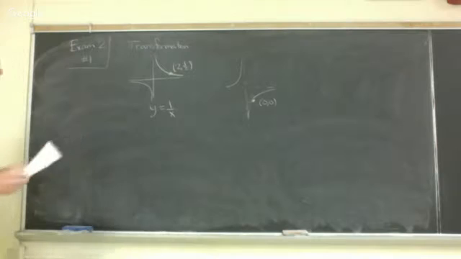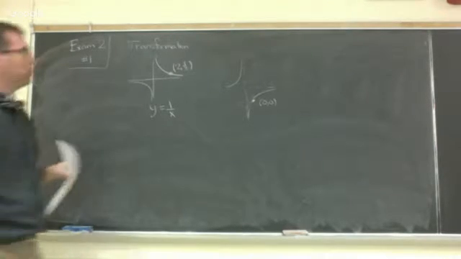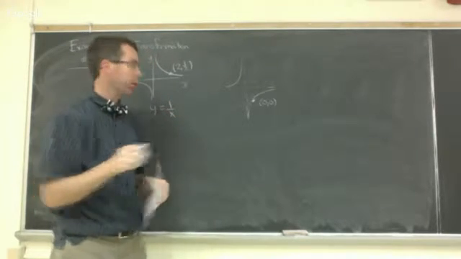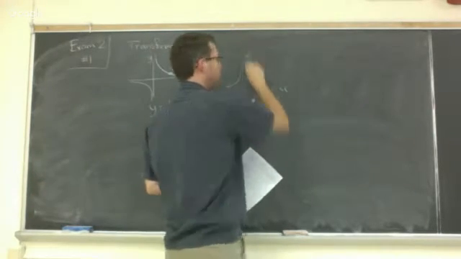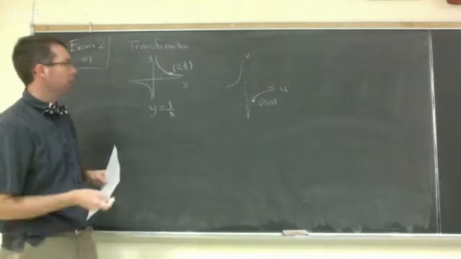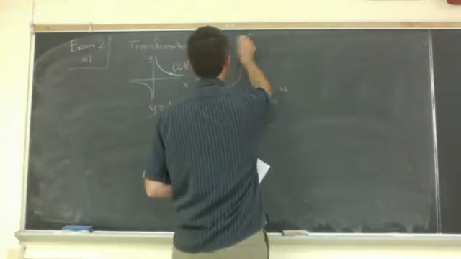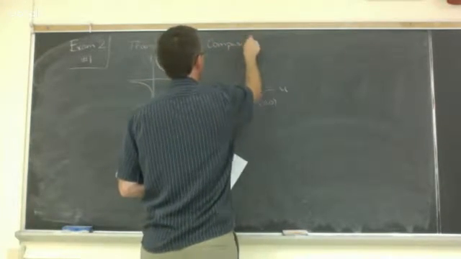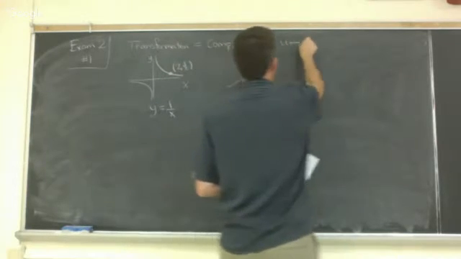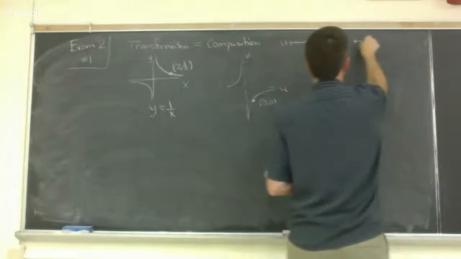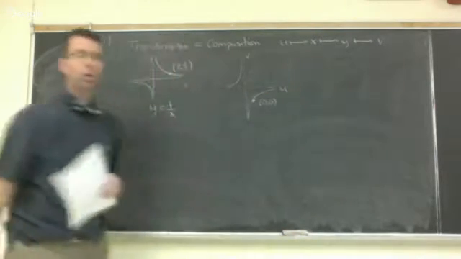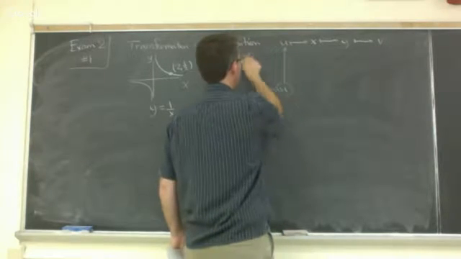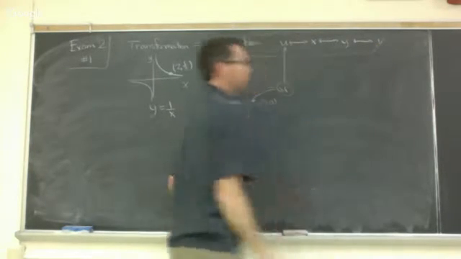Okay. So what we do is we think of our original axes as our x and our y, and our transformed axes as u and v. And what we're wanting is a composition so that I start with u and I end with v.